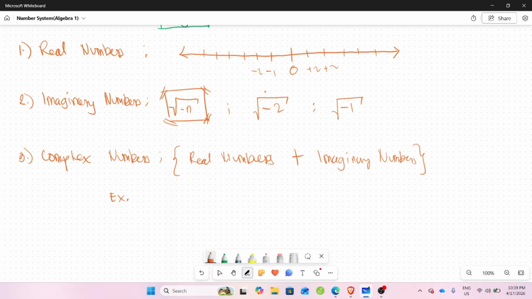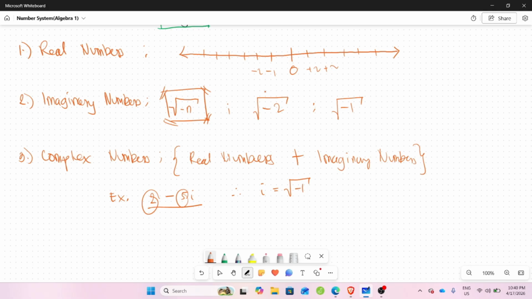For example, we have here 2 and 5i. Remember that i is actually the square root of negative 1. So this is a complex number, since this is a combination of real numbers and imaginary numbers.